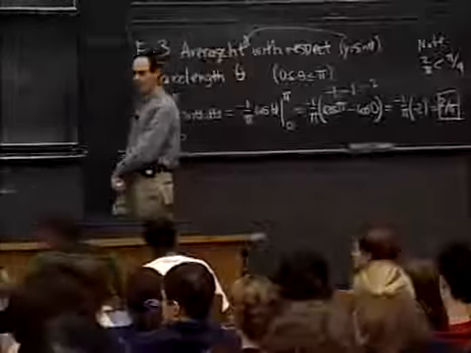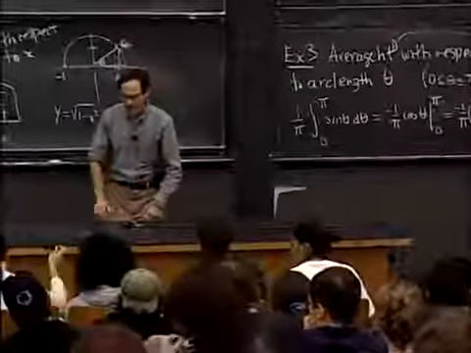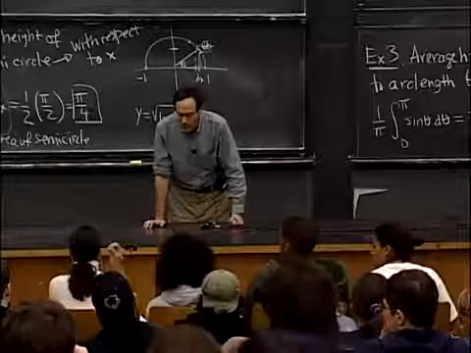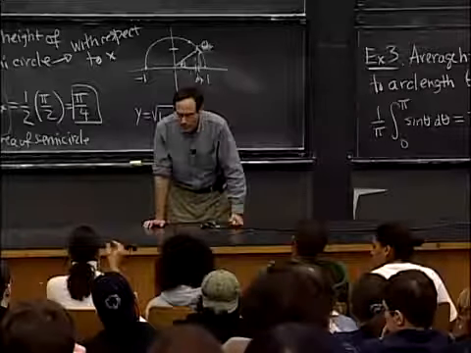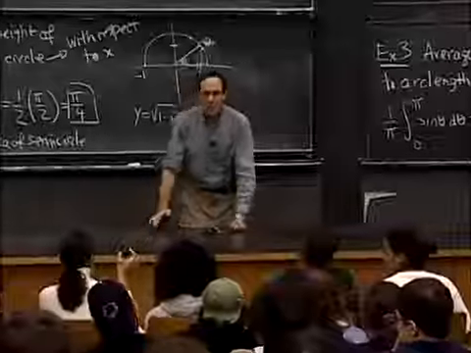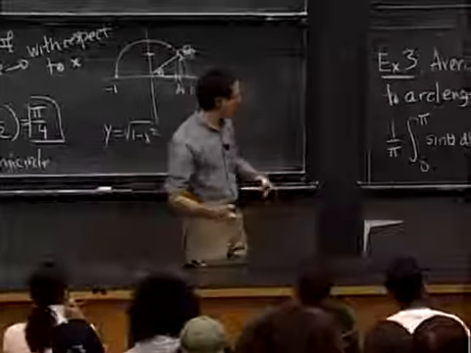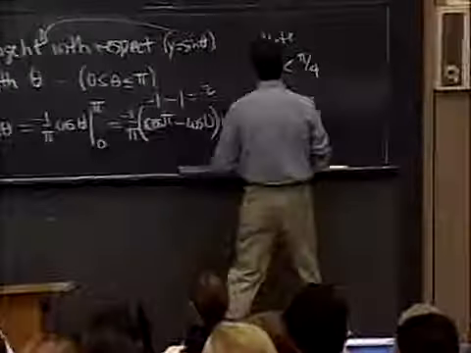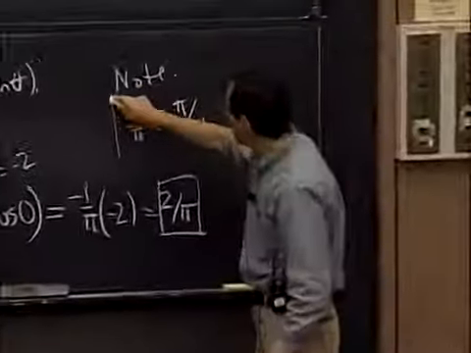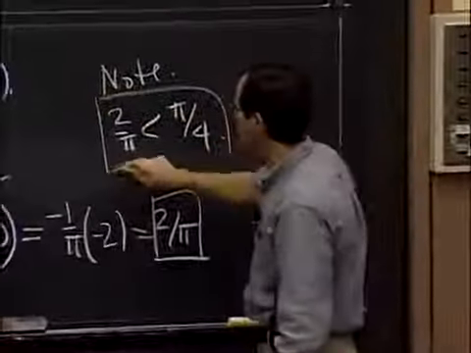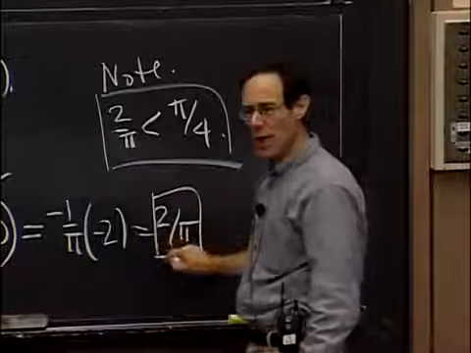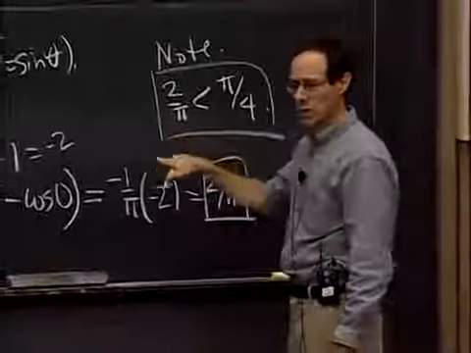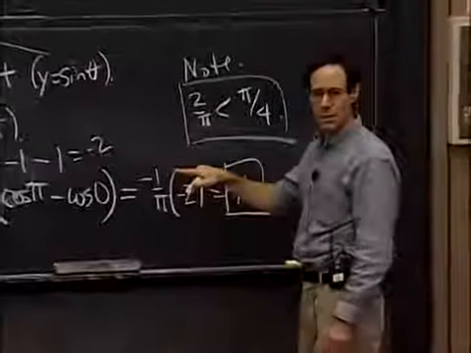Yeah. So I heard your explanation for why this value should be smaller than the one we got in the previous, but I don't think I quite understood the logic behind it. Could you just repeat it briefly? All right, let me repeat. So the question was to repeat the reasoning by which I guessed in advance that probably this was going to be the relationship between the average value with respect to arc length versus the average value with respect to this horizontal distance.